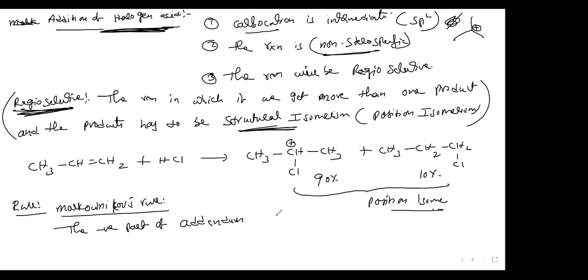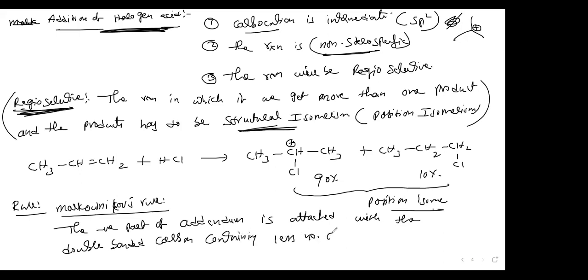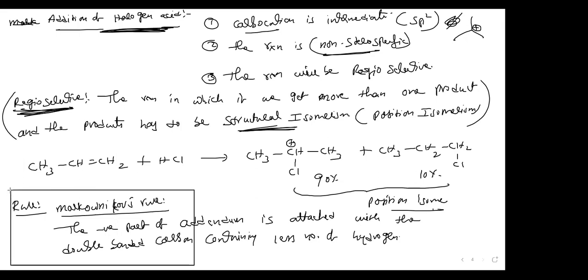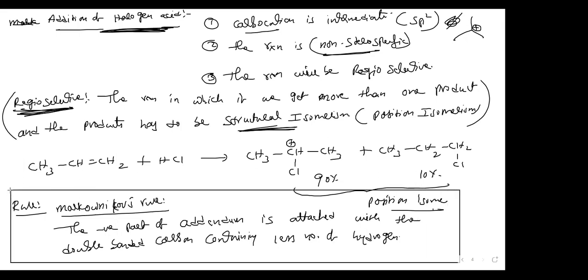The negative part of the addendum, and addendum in the sense the reagent, is attached to the double bonded carbon containing less number of hydrogens. So this one is the negative part of a reagent in this Markovnikov rule.